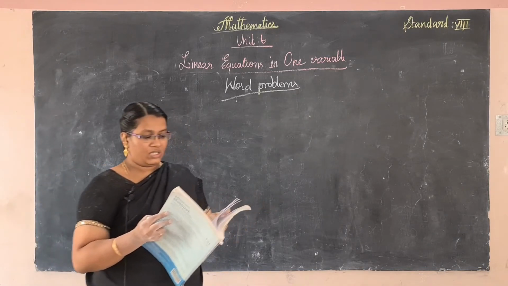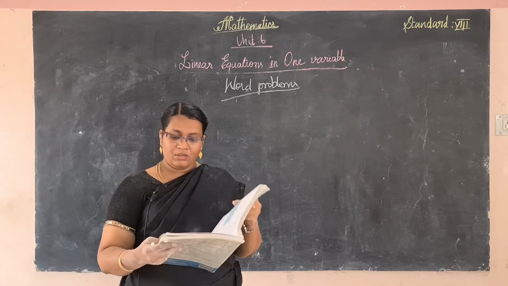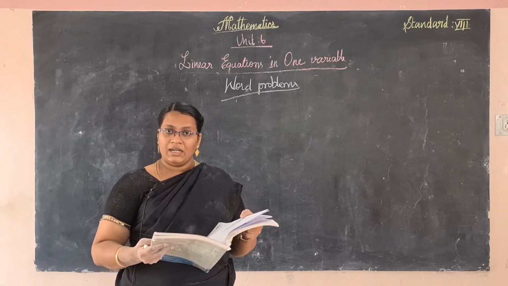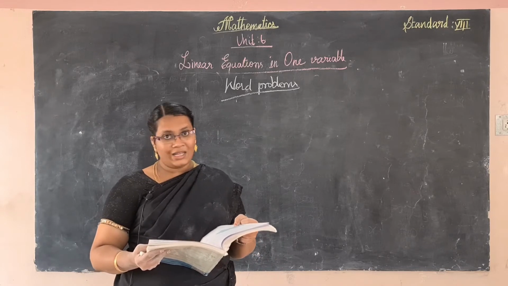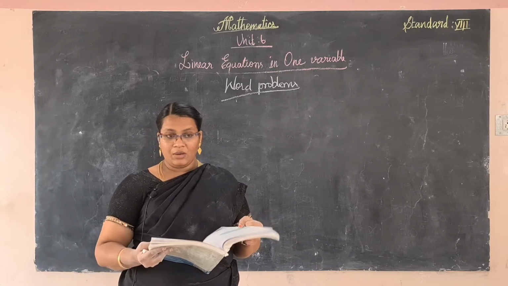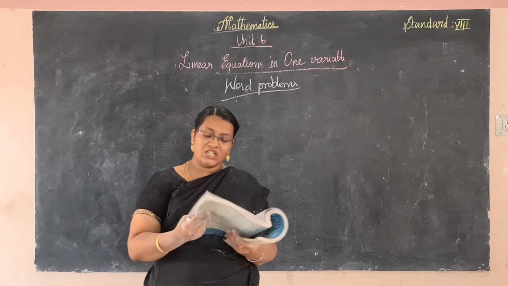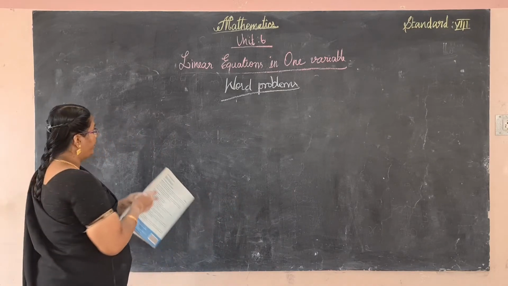So what we do first, read the question carefully. After that, represent the unknown quantity by the variables, like x, y, z, like that. After that, form a linear equation with the help of the given condition and solve the equation. Okay, right.